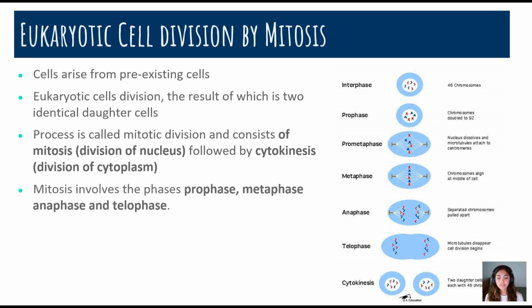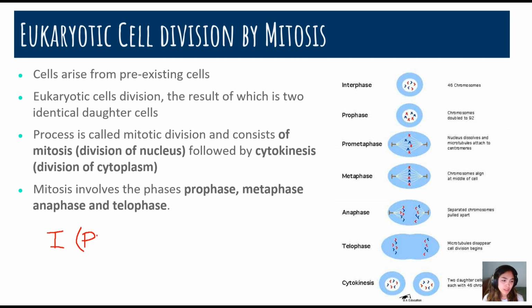Mitosis involves the phases of prophase, prometaphase, less commonly used but it's there, metaphase, anaphase, and telophase. Back when I was in school, I was always told to remember this process as IPMAT.